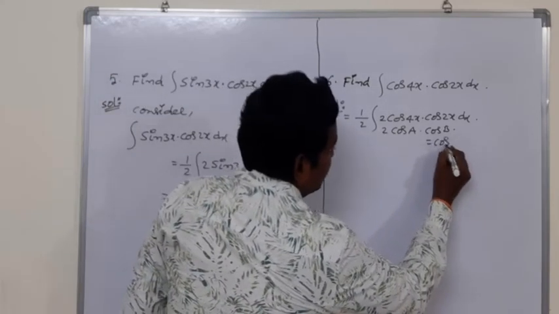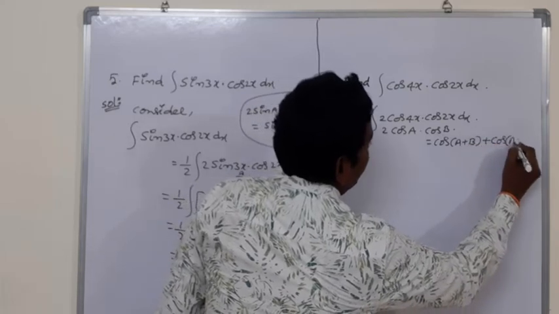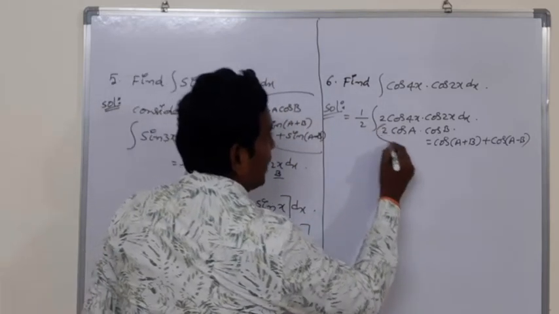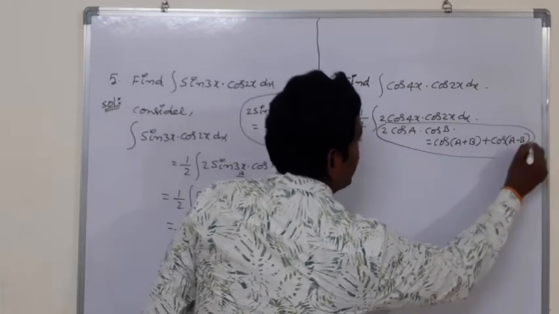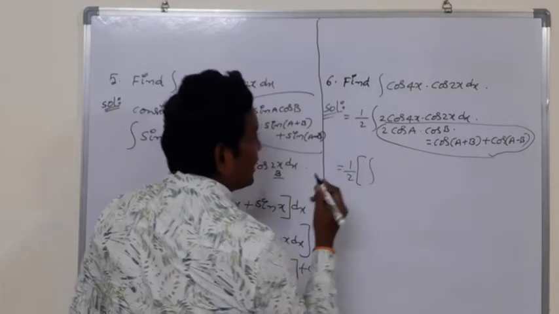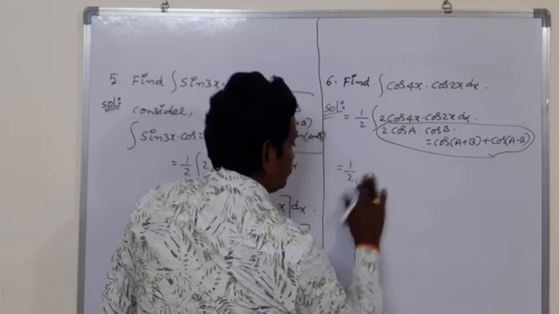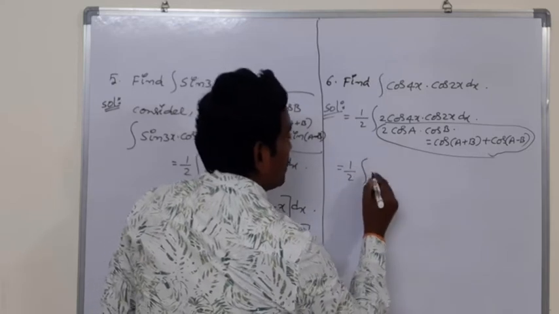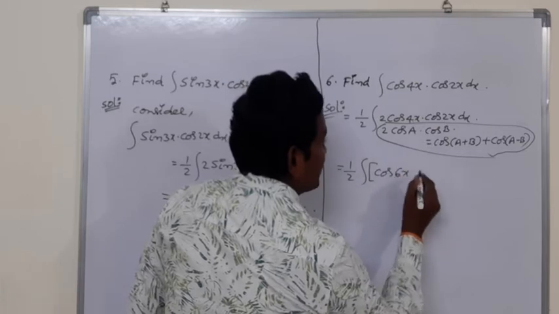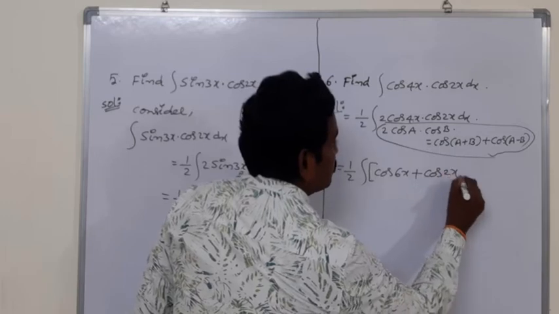Cos of A plus B plus cos of A minus B. According to this formula, the above integration becomes half into bracket open integration of cos of A plus B, that is cos of 4x plus 2x, 6x, plus cos of 4x minus 2x, whole dx.